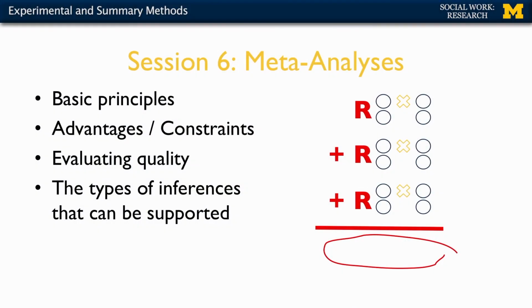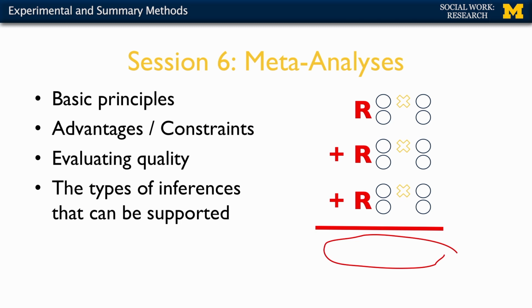A meta-analysis is very similar to a systematic review. A meta-analysis also aggregates or attempts to come to a conclusion about what 10 or 50 or 100 studies say. The way that a meta-analysis differs from a systematic review is that in a meta-analysis, we're actually calculating an average. So we're actually mathematically or statistically summarizing across the studies. In a systematic review, we have a qualitative assessment of what the literature says.